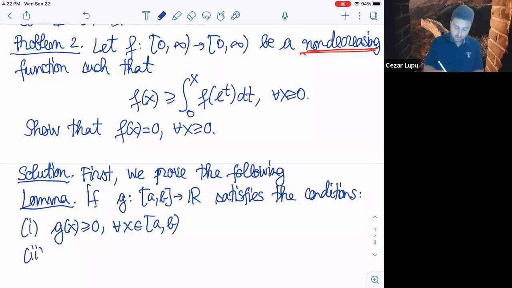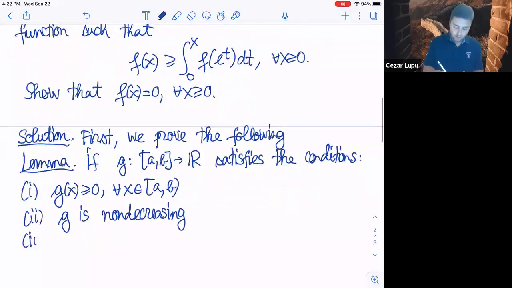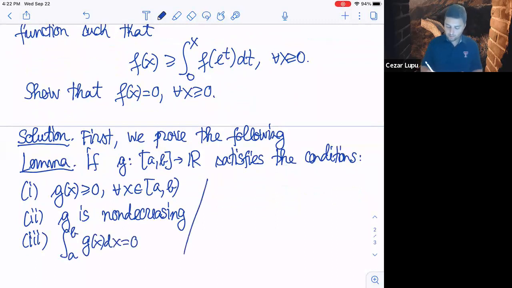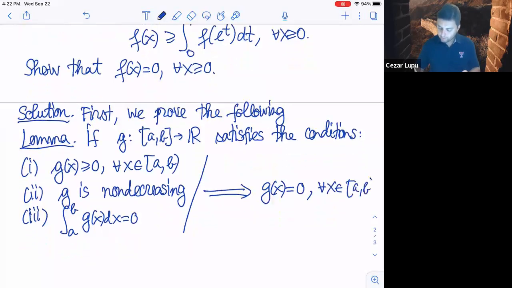Pay attention, this will be crucial. G is non-decreasing. And the third condition is that the integral of g is zero. Well, guess what? The lemma says that g is zero for all x in [a, b), closed at a. So that's the lemma.